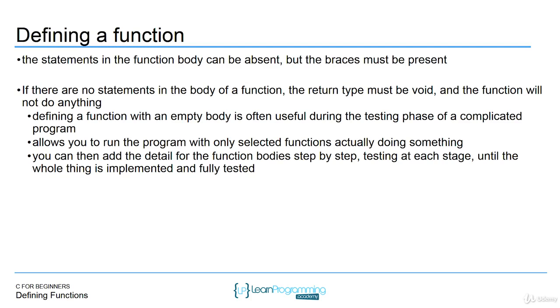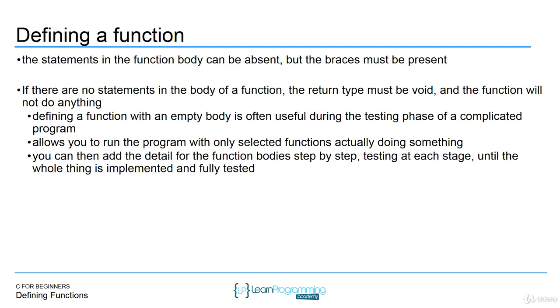You usually do that during the testing phase of a very large program. What this allows you to do is run the program with only certain functions actually doing something. Helps you test better. Helps you isolate errors. You could even have implementation in the function body, but just comment it out. And then you can do this divide and conquer approach. As you test more and more, you can then start putting implementation in the function bodies.